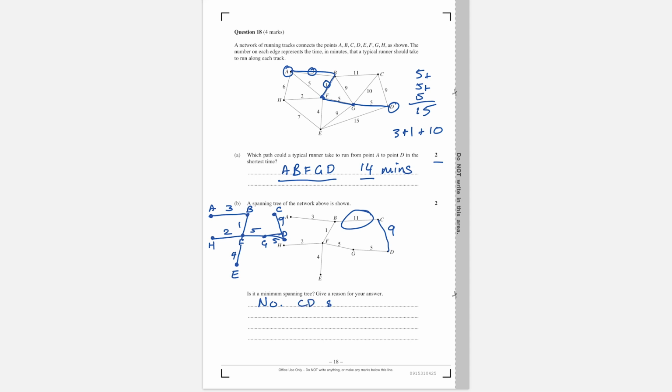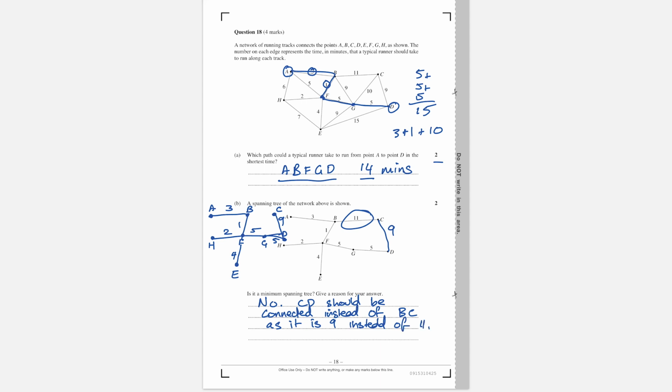CD should be connected instead of BC, as it is 9 instead of 11.